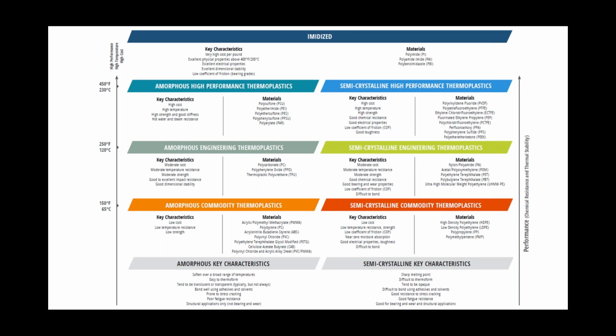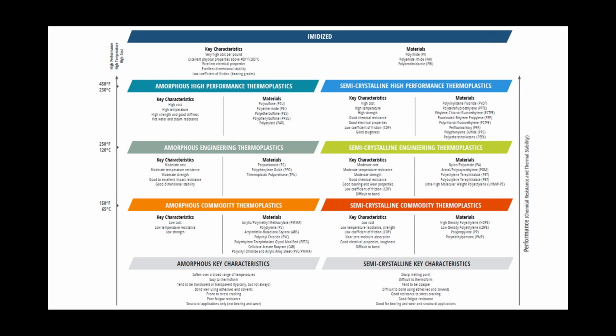Finally, last but not least, we have the imidized at the top. The imidized thermoplastics are oftentimes used for very specific applications, as I mentioned earlier. These products have excellent physical properties, even at temperatures above 400 degrees Fahrenheit, excellent electrical properties, excellent dimensional stability, and low coefficient of friction.